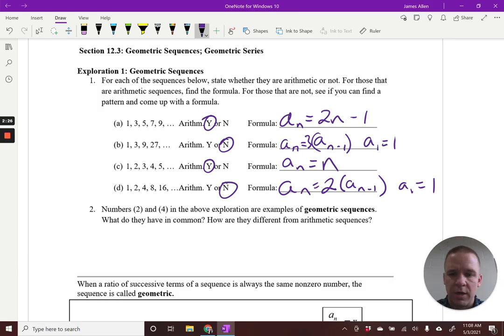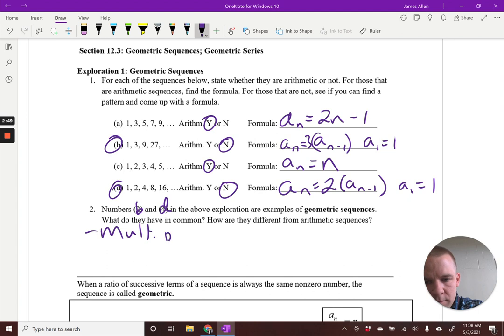So B and D, not 2 and 4. I don't know why I did lowercase and uppercase. Those are geometric sequences, okay? What's happening there? Well, they're multiplying by a common number, we'll call it a ratio, or we'll say a common number for now.